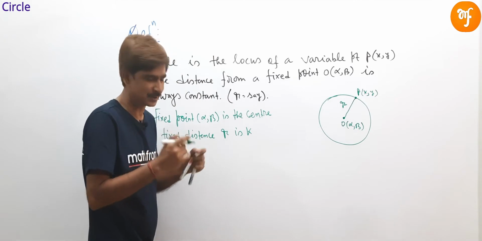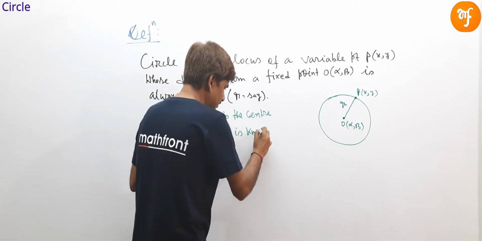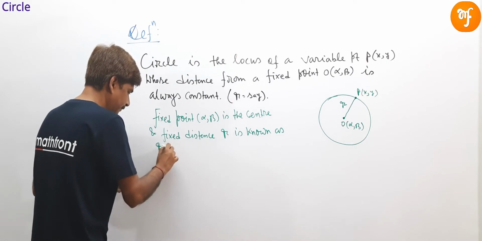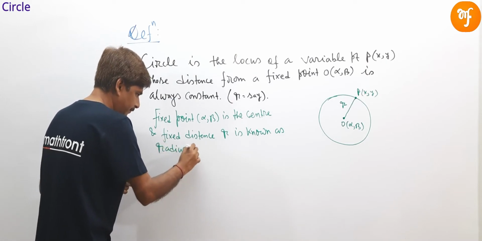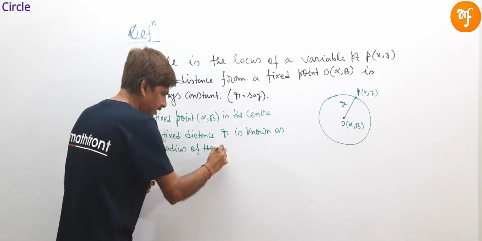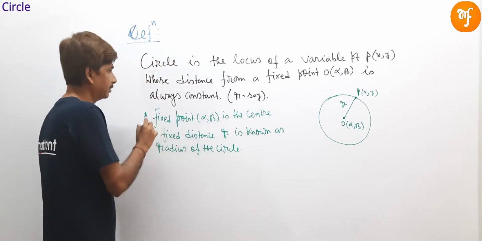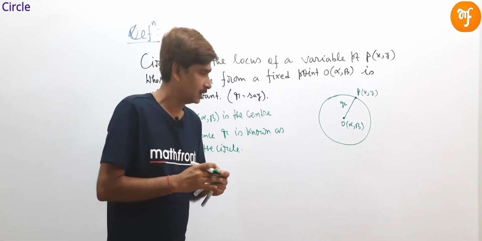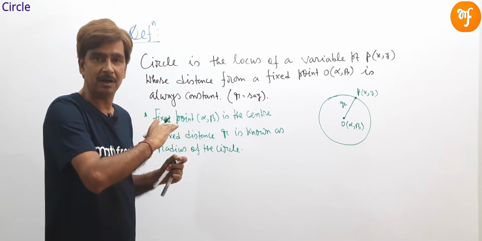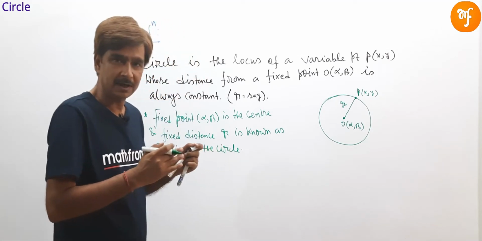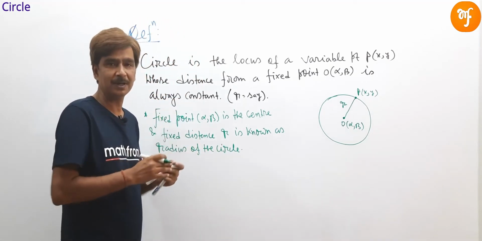The radius of the circle. So we get the basic definition of the circle and we already learned about the center and the radius of the circle. Now let us develop the equation of the circle.